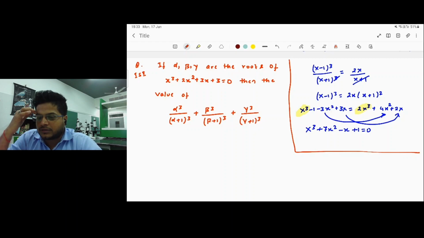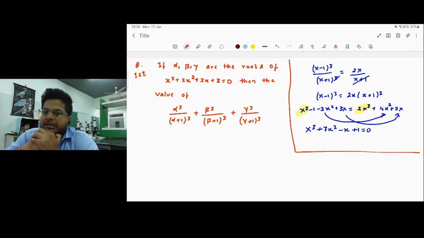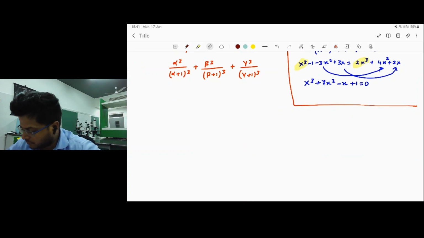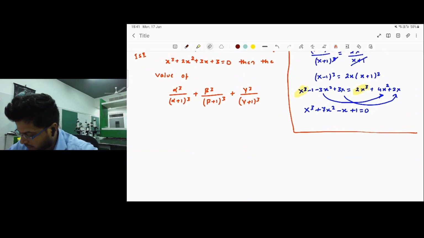See, one option I have is that it looks something like a cube plus b cube plus c cube, right? So solving for this question, alpha cube by (alpha plus 1) whole cube, beta cube by (beta plus 1) whole cube, and this.